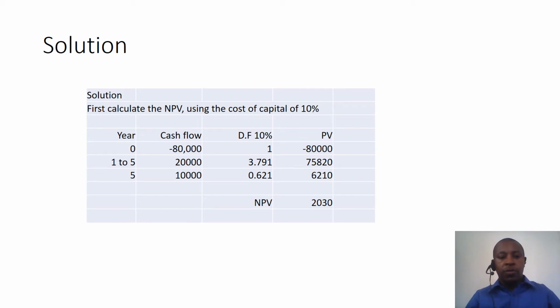Year 1 to 5, we use the annuity table because it's an equal cash flow. The annuity factor at 10% from year 1 to 5 is 3.791, multiplied by $20,000.